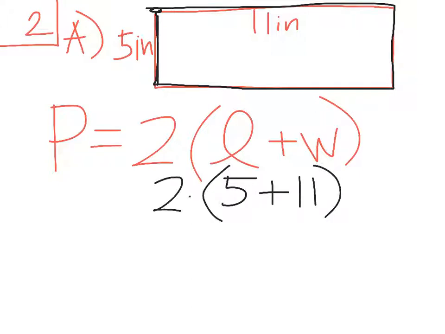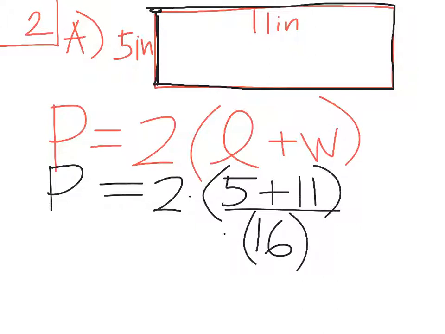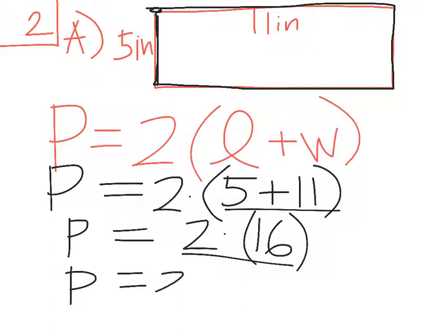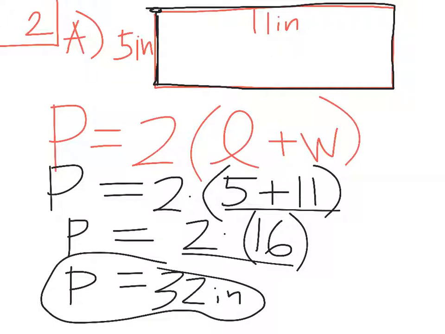And it's multiplying by 2, and we're solving for P. So P stays P. We won't change P. But then as we start to solve it, we get 16 here, because we have to do parentheses first. And last step, 2 times 16, 32 inches ends up being the perimeter. That's a pretty easy question. Again, if you add 11 plus 5 plus 11 plus 5, you end up with 32 inches. So keep that in mind.